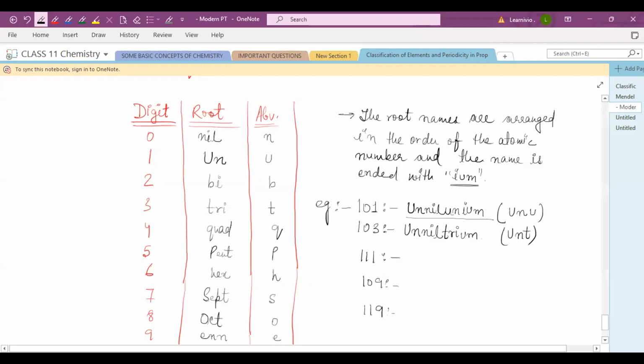Yes, so for 111, what is the name of that element? You can simply tell me the abbreviation. Triple U, U, U, U. Okay, for 109, Neha, tell me.